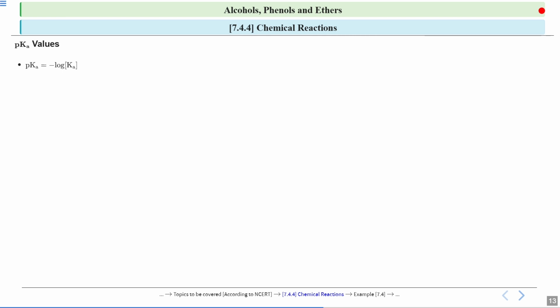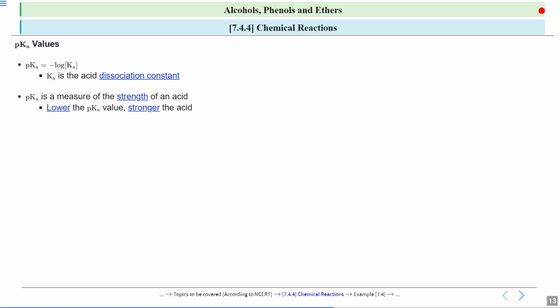Now, if I talk about pKa values, you must have studied this relation that pKa is equal to minus log Ka. Okay, that means Ka over here is the acid dissociation constant. So Ka tells you about the acid dissociation constant, and pKa is a measure of the strength of an acid.